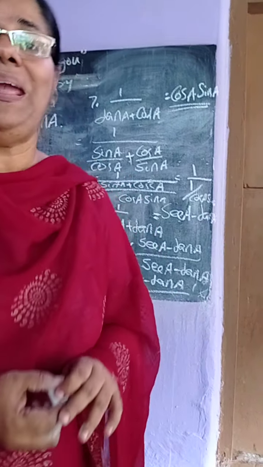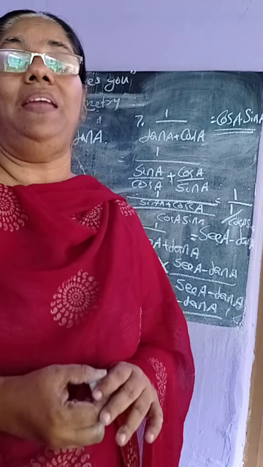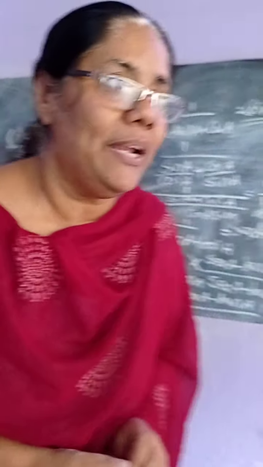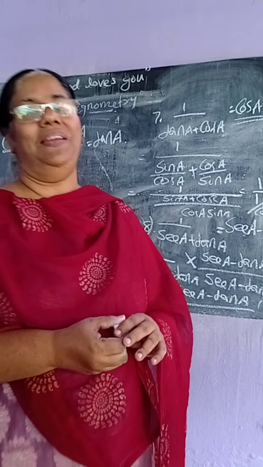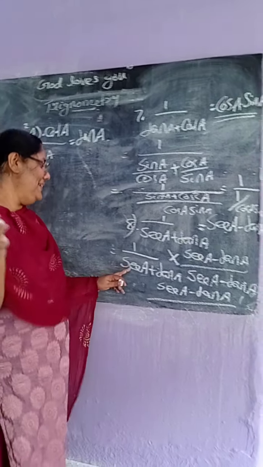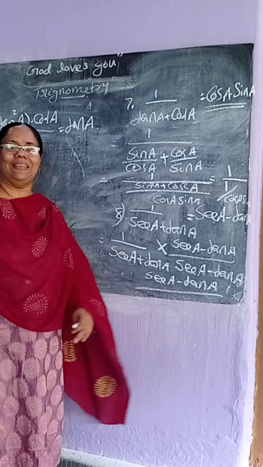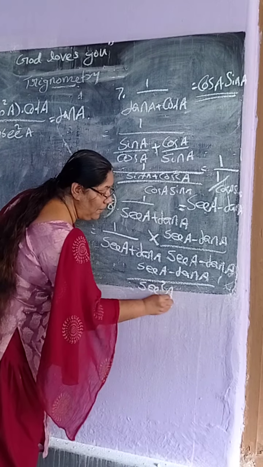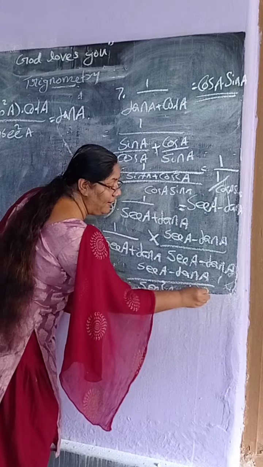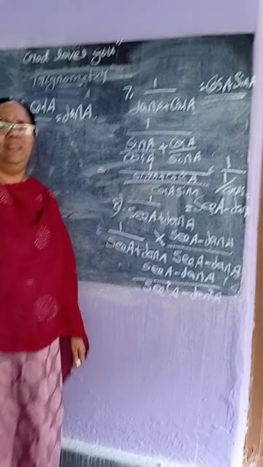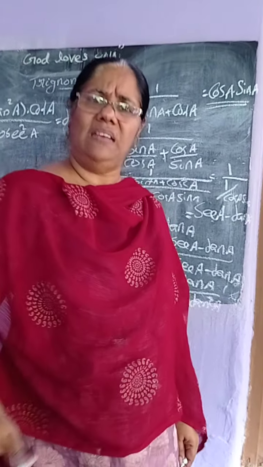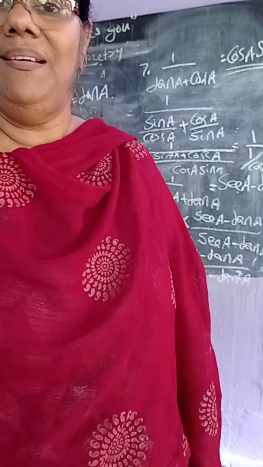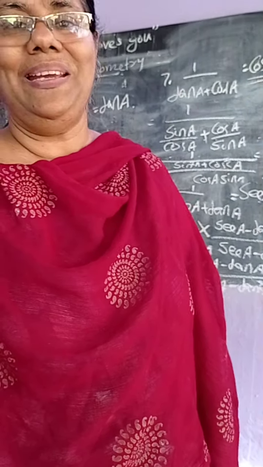It is a square minus b square, isn't it? Therefore, what is sec A plus tan A into sec A minus tan A? That is sec square A minus tan square A. What is the identity sec square A minus tan square A? 1, isn't it? Sec square A minus tan square A is 1.